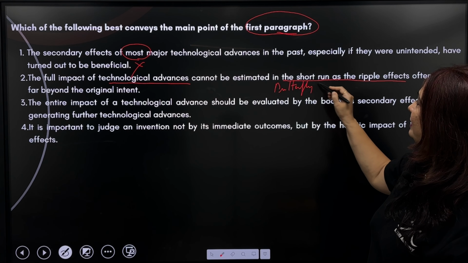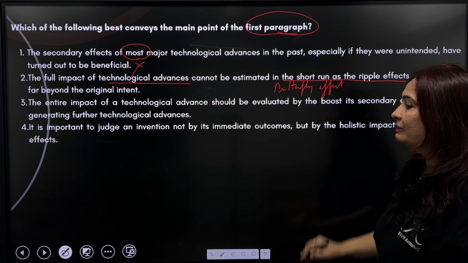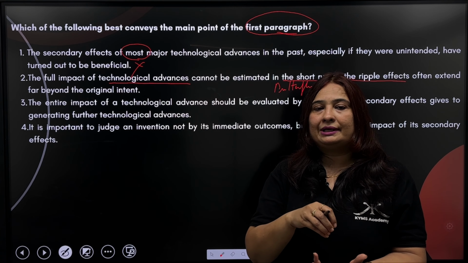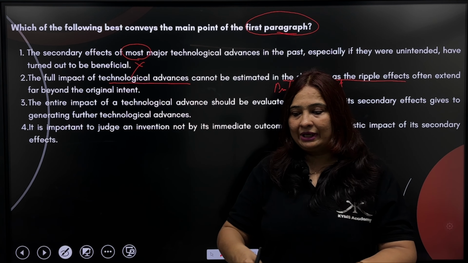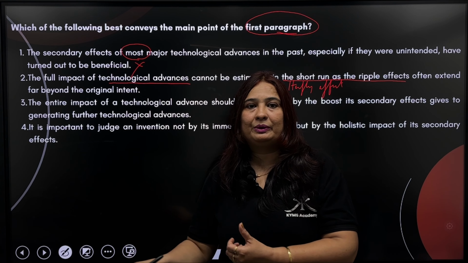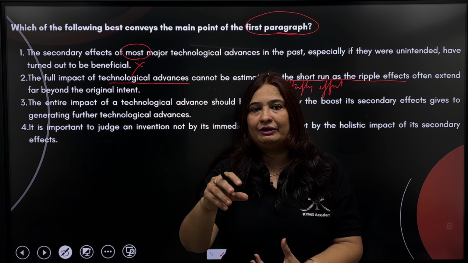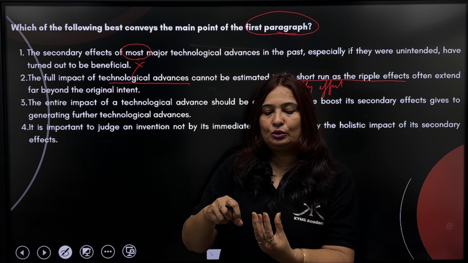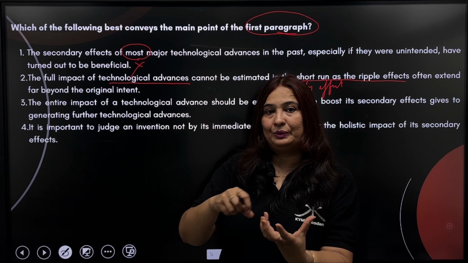So basically butterfly effect and ripple effect are one and the same thing. Now what is a ripple effect? You must have done this at some point: if you are sitting by a river and throwing a stone into the river, that particular stone gives rise to 2-3 different rounds of ripples in the water.